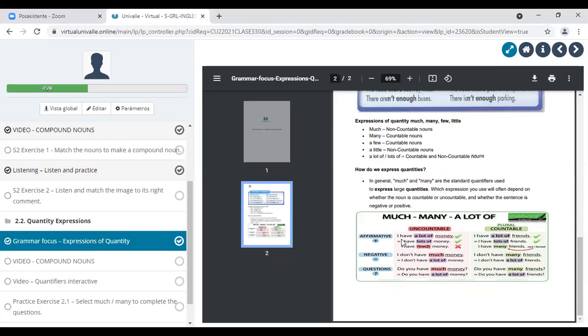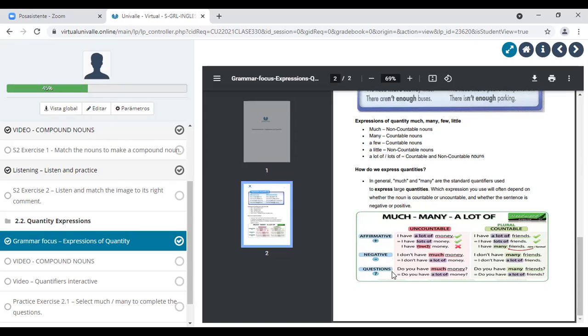Affirmative, uncountable: I have a lot of money. Let's remember that we use a lot of and lots of for countable and uncountable nouns. I have lots of money. Countable: I have a lot of friends. I have lots of friends.